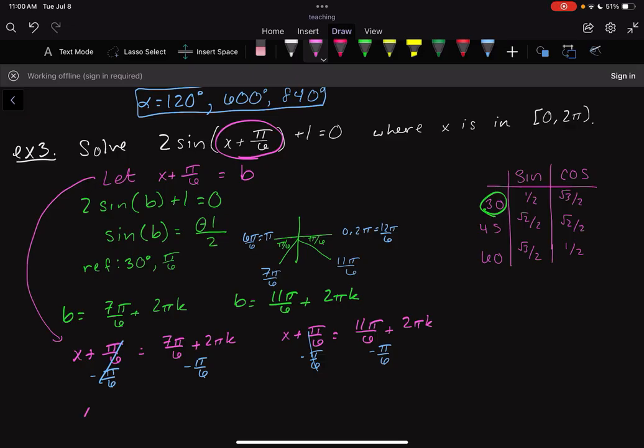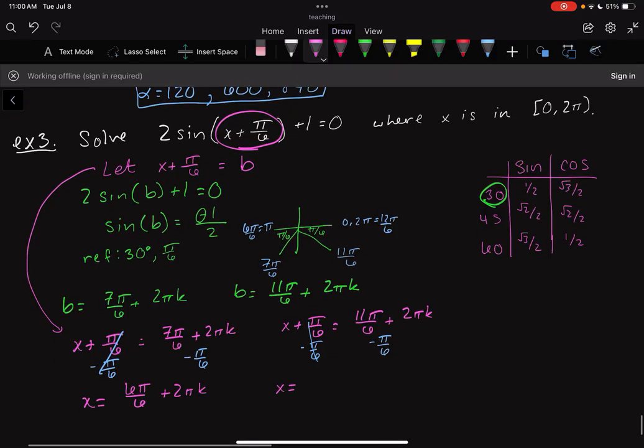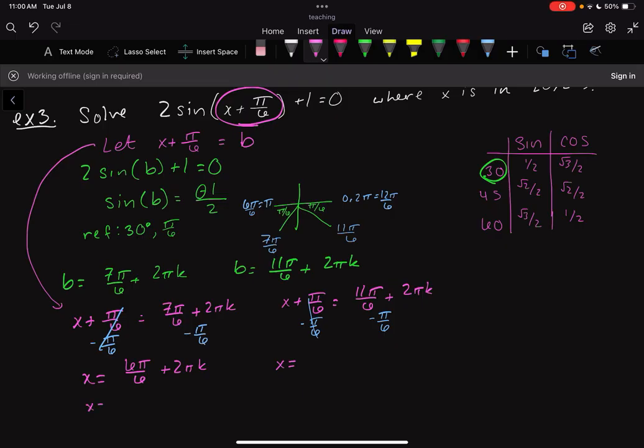For my first one, 7 pi over 6 minus pi over 6 would be 6 pi over 6. And that one can actually reduce to just pi. And then on the other side, I get 10 pi over 6, which could also reduce into 5 pi over 3.